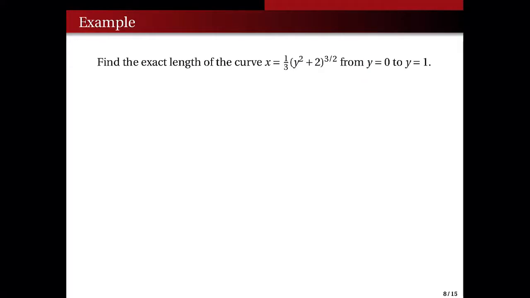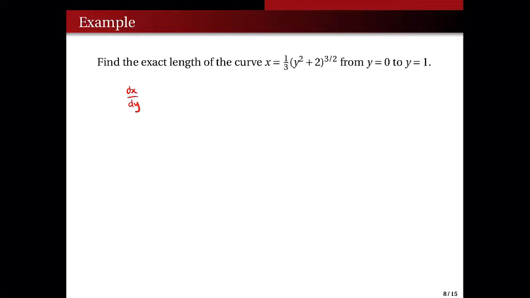So we have x equals 1/3 (y squared plus 2) raised to 3 halves. Let's get the derivative. So you will have your dx over dy, because you have x in terms of y.